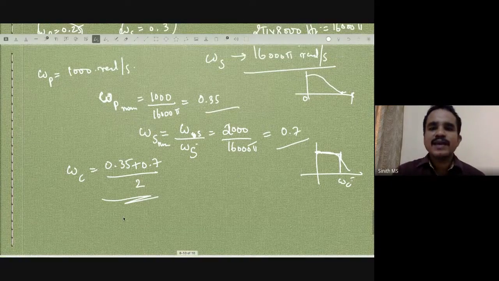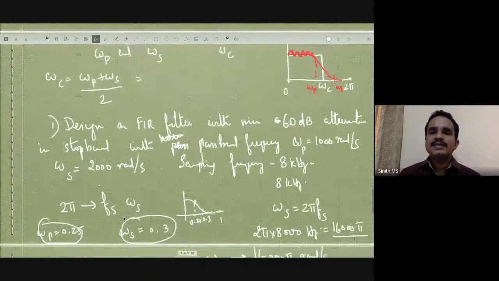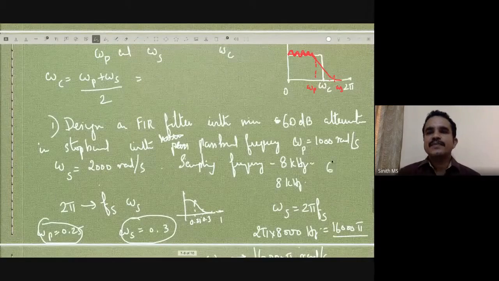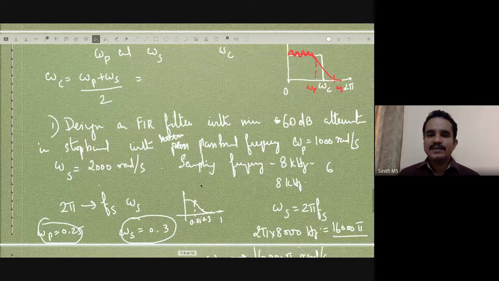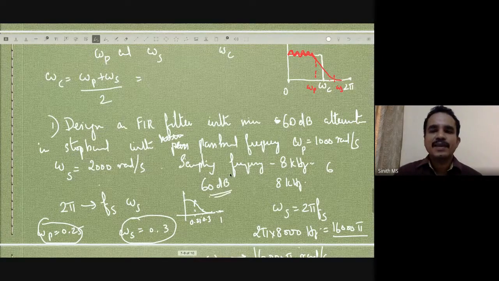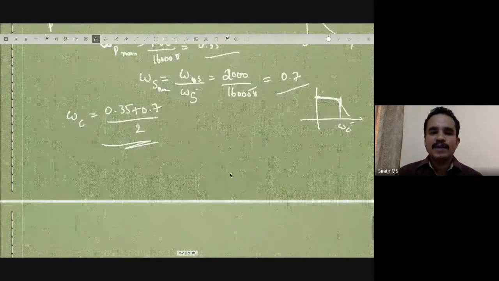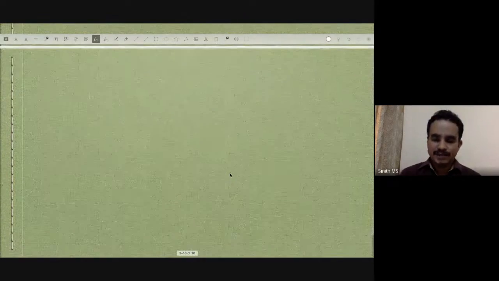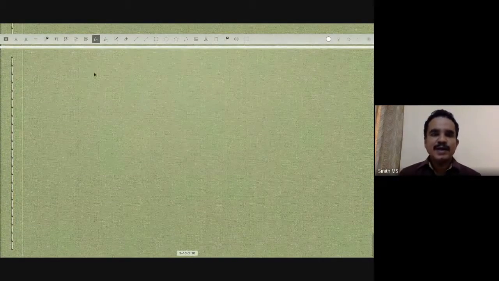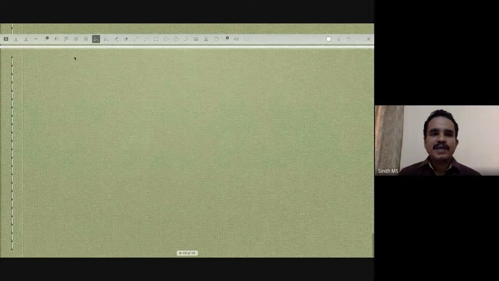Now you are given that you have a 60 dB attenuation. What is 60 dB attenuation? Depending on what kind of filter you use, you'll get attenuation in stop band. For example, I told that we have different windows, right?